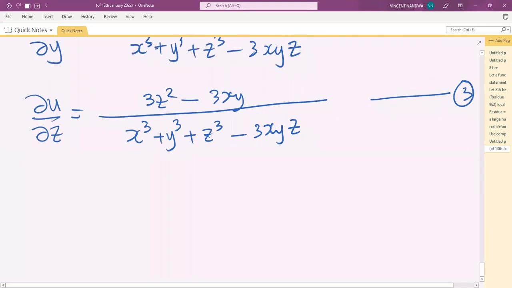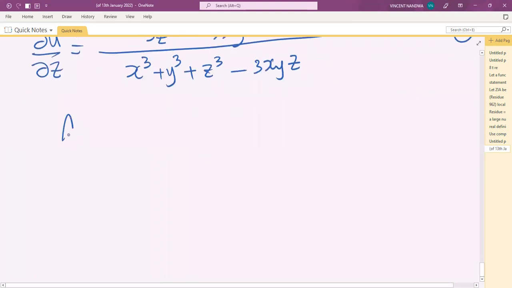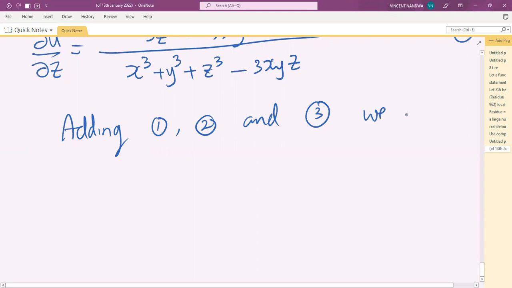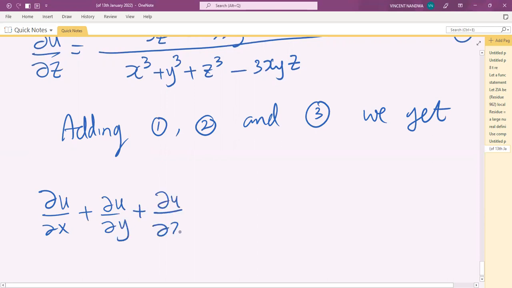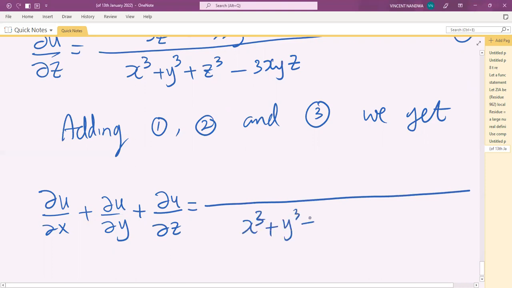So adding equations 1, 2, and 3, we get partial u, partial x plus partial u, partial y plus partial u, partial z is given by, now the denominator is common, x cubed plus y cubed plus z cubed minus 3xyz.